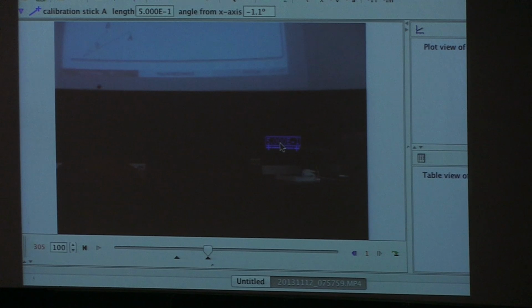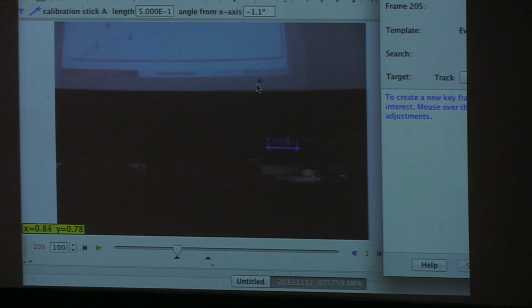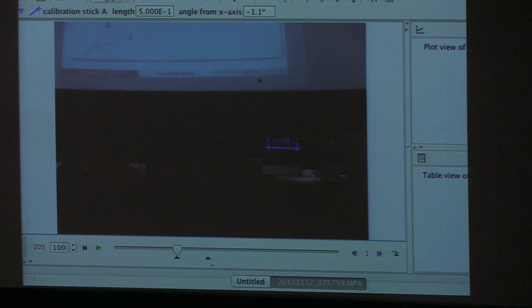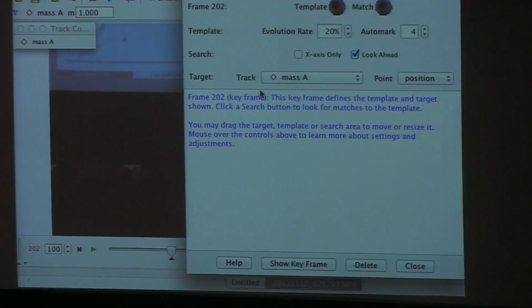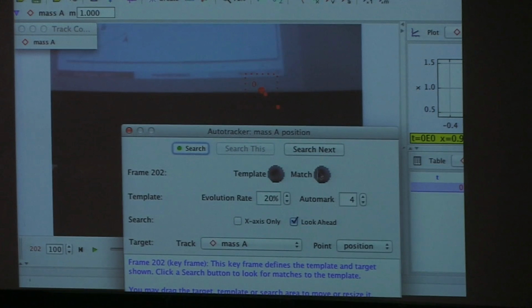This length is more or less half a meter. You were standing here, it was kind of over there. Now we need to track the position of the ball. We will treat it as a point mass. This is the position of the ball. So let's see how it can follow it.